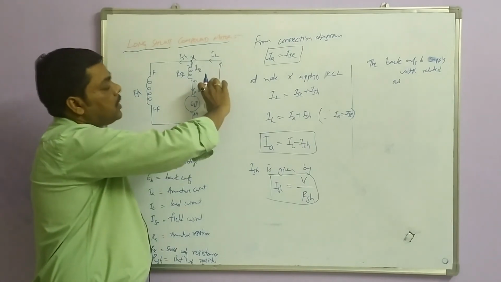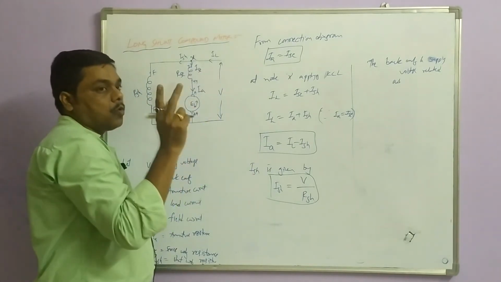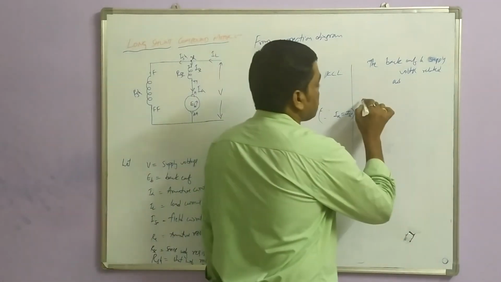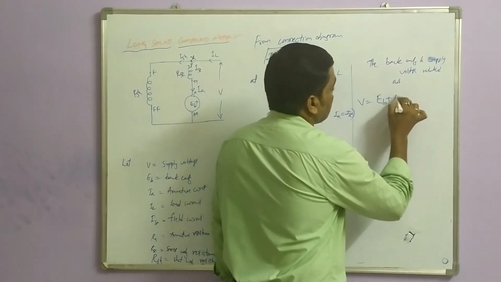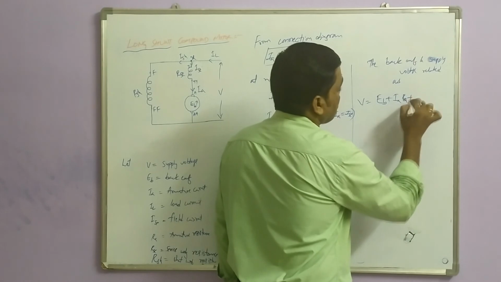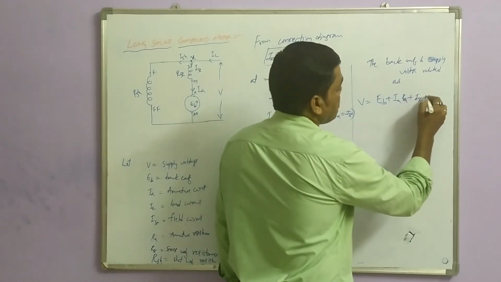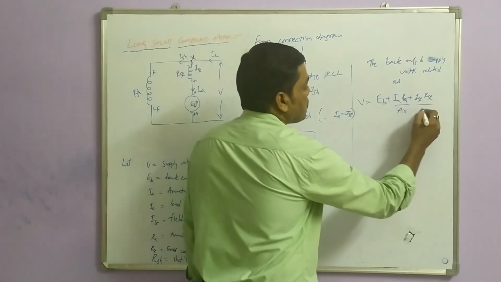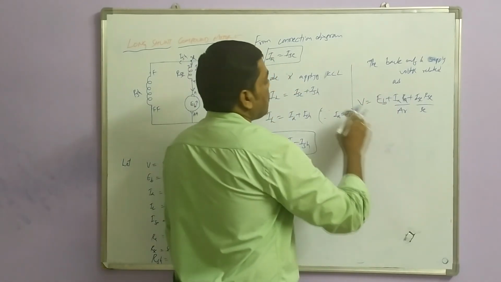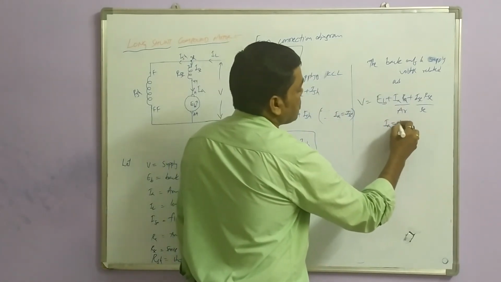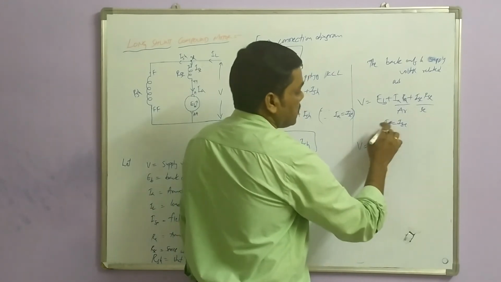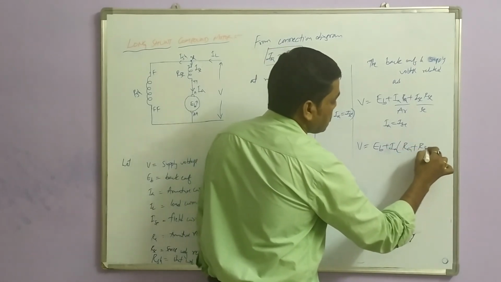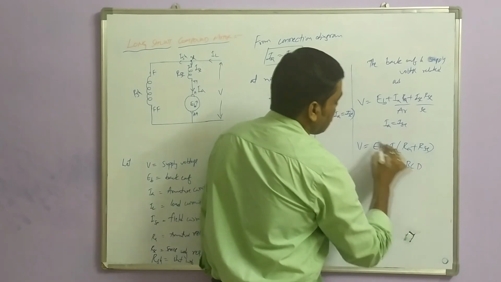The voltage applied to this winding has two drops, one the armature drop and one the series winding drop. So we can write V is equal to EB plus IA into RA, the armature drop, plus IAC into RAC, the series winding drop. But IA is equal to IAC, so I can replace IAC by IA: V is equal to EB plus IA into (RA plus RAC), and you can also add the brush contact drop.